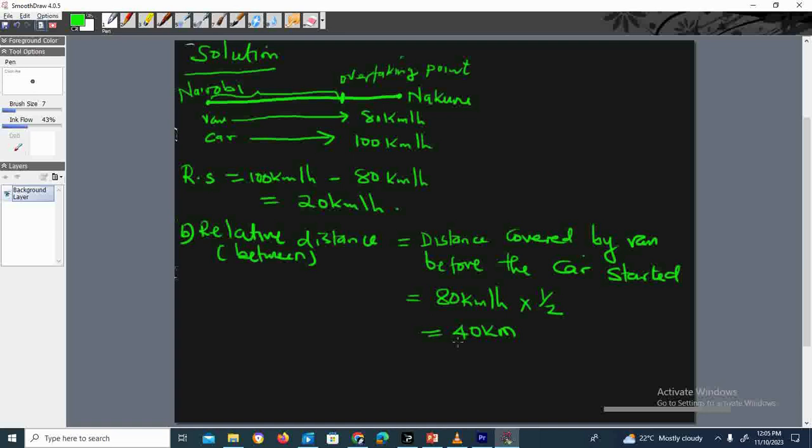So now we calculate the time it took the car to catch up with the van. Time to catch up and overtake is given by the relative distance divided by the relative speed.